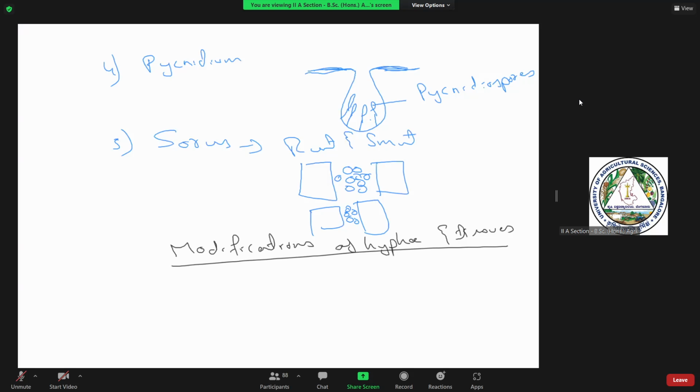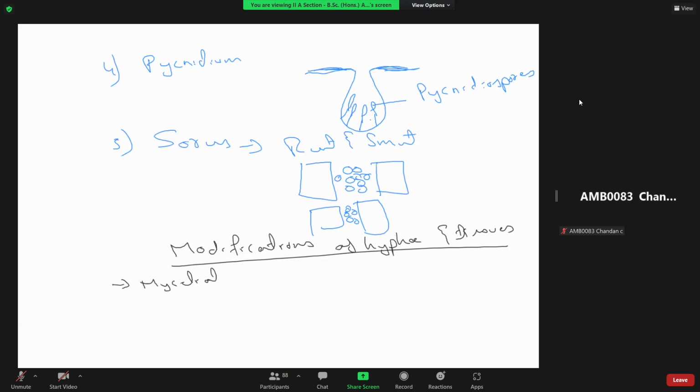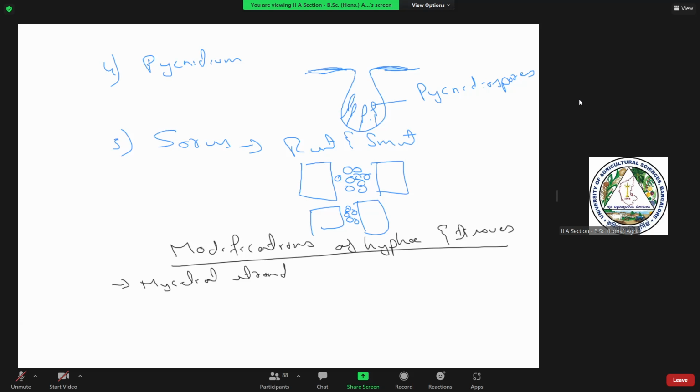The most common modification that we see is the mycelial strand. The mycelial strands are nothing but aggregations of parallel or interwoven undifferentiated hyphae.